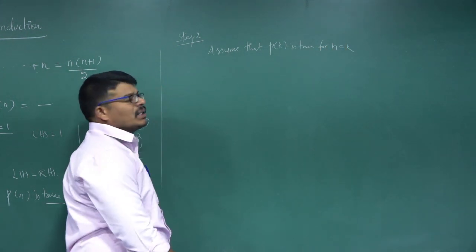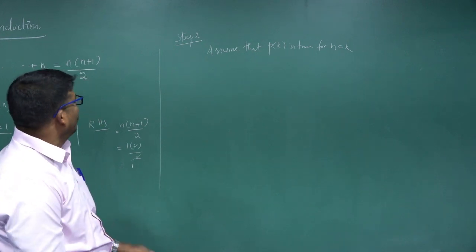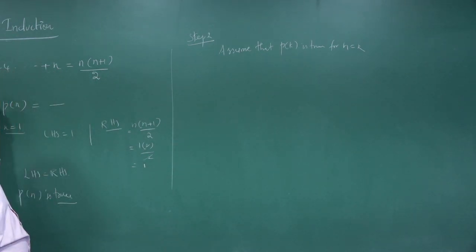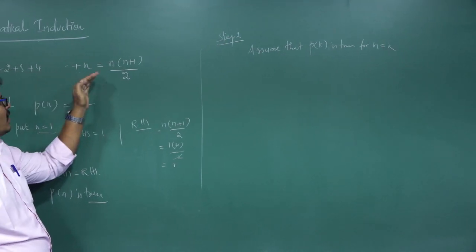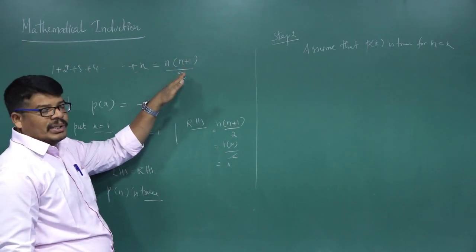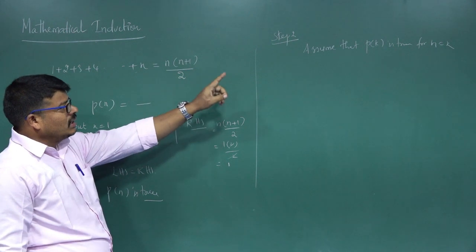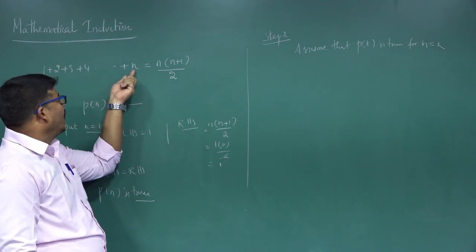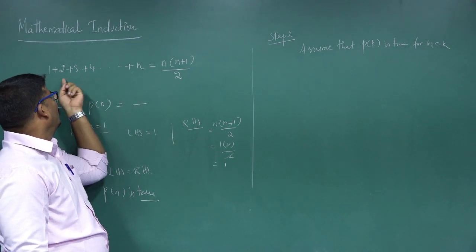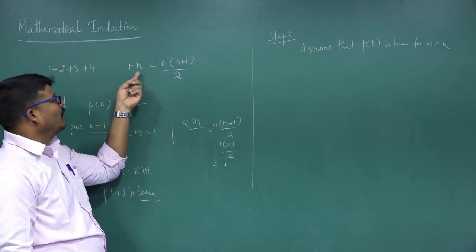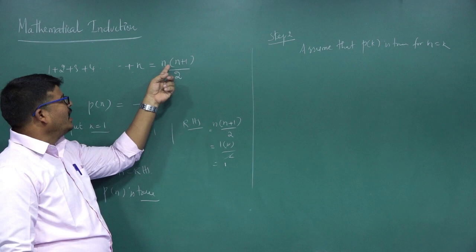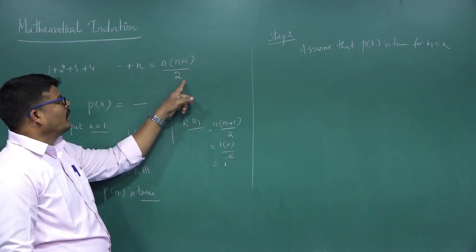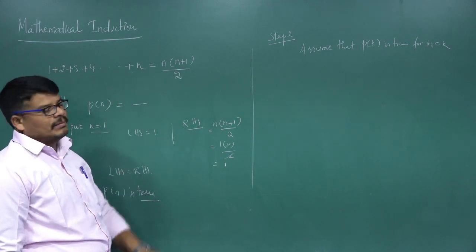That means the given statement P of n, 1 plus 2 plus 3 plus 4 and so on, plus n equal to n into n plus 1 by 2, with n equal to k becomes 1 plus 2 plus 3 plus 4 and so on, plus k equal to k into k plus 1 by 2. That is P of k.